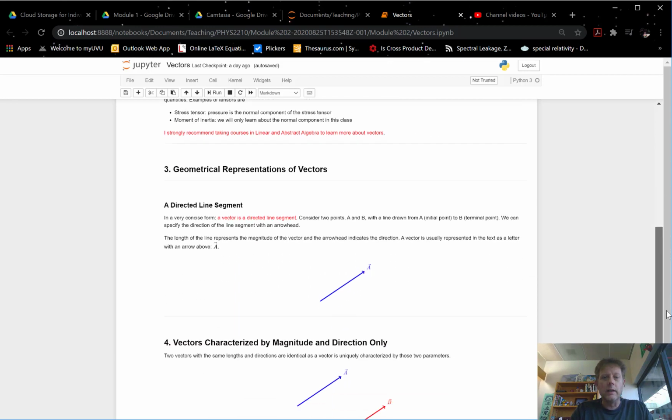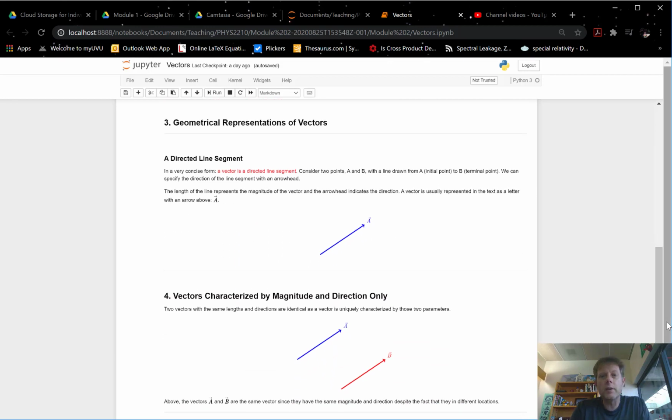All right. So we have two ways we're going to represent our vectors. One is geometrically, and the other is analytically. And here I want to show real quick how we can represent them geometrically.